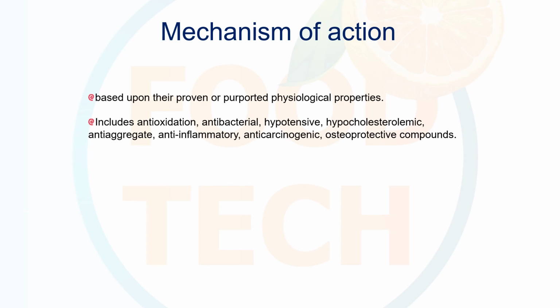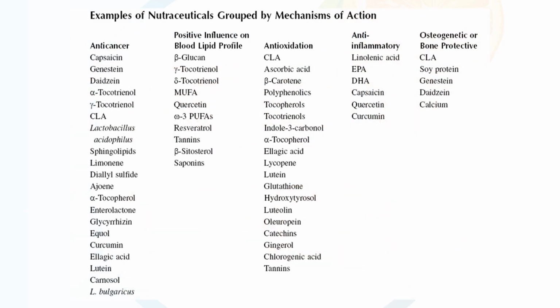That is a basic example I have given you. There are various others, like anti-carcinogenic and antibacterial nutraceuticals, which you will know about further. These are the anti-cancer ones, the antioxidants, the anti-inflammatory, and bone protective ones. In anti-inflammatory you have DHA and EPA, and in antioxidants you have a number of nutraceuticals.